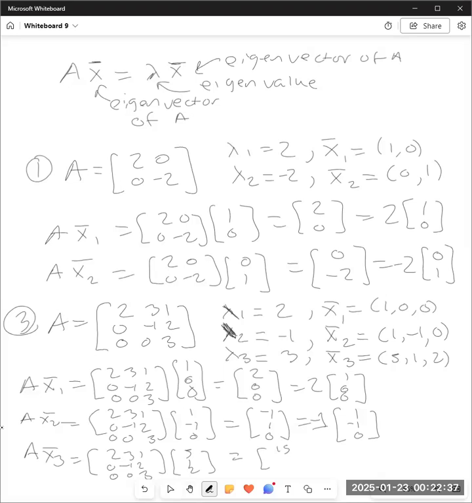And then -1 and 4, that's 3. And 3 times 2 is 6. So that looks like a common factor of 3 comes out: 5, 1, 2. 5, 1, 2 is what I started off with. Eigenvalue of 3, eigenvector of 5, 1, 2.